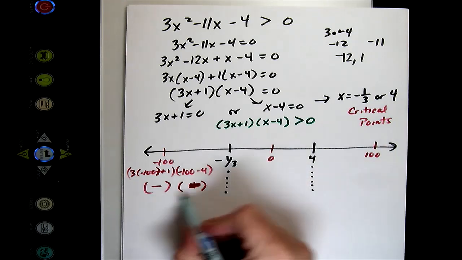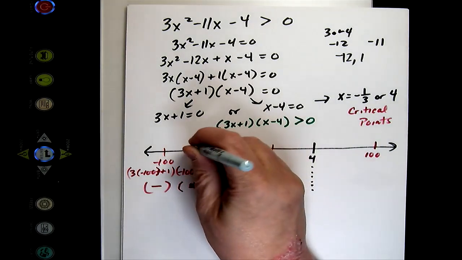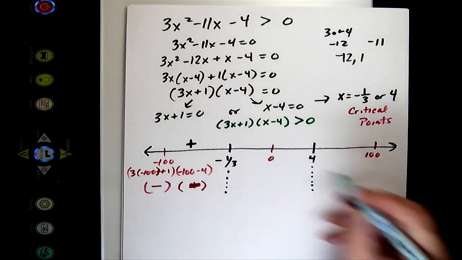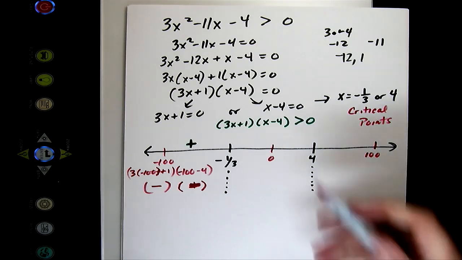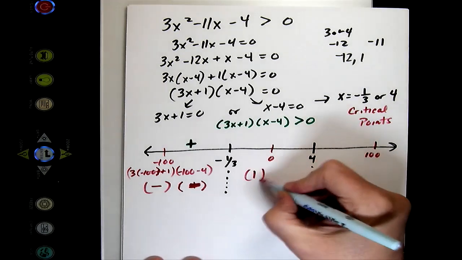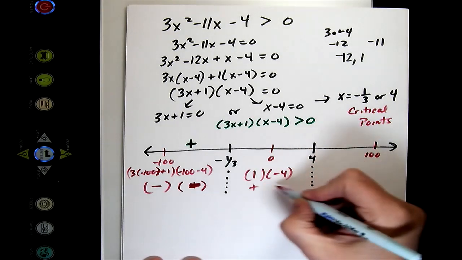So I got 2 negatives, they multiply to make a positive. This region is positive. If I plug in 0, I have 1 times negative 4, a positive times a negative.